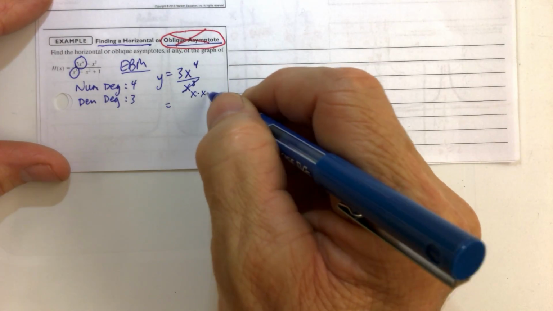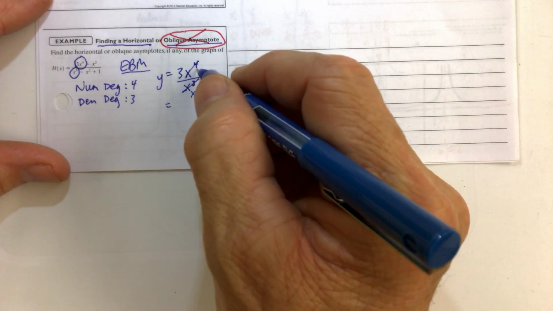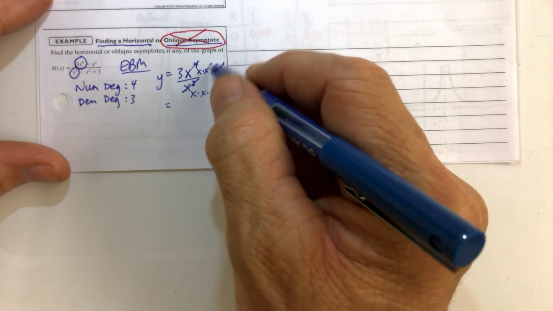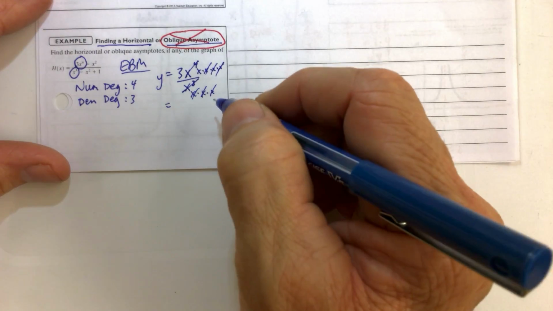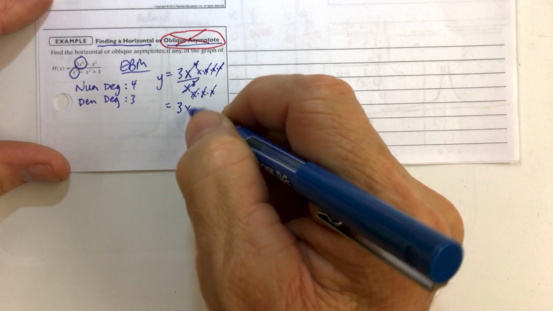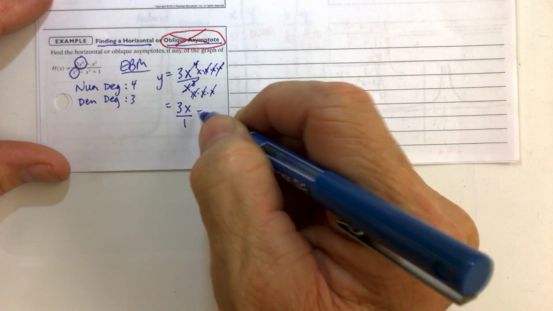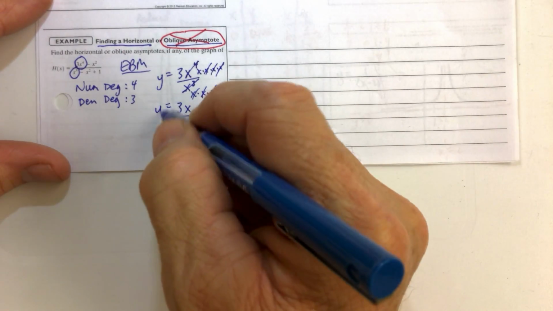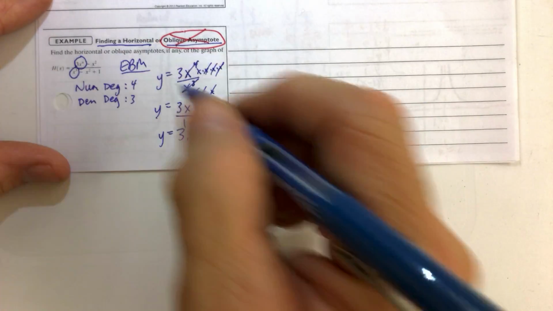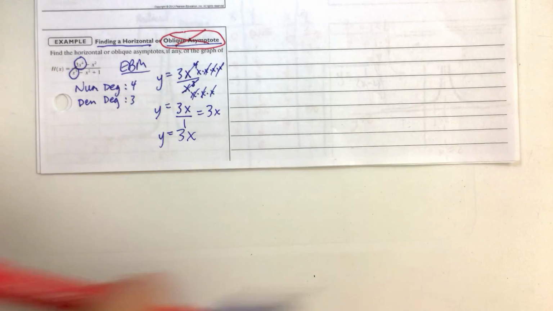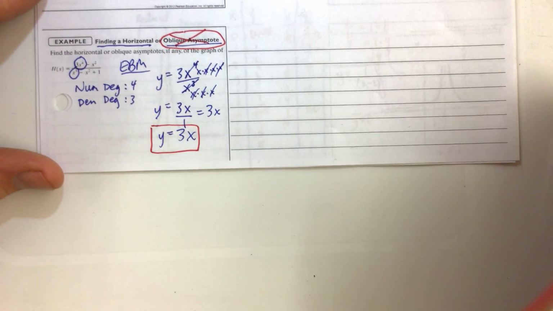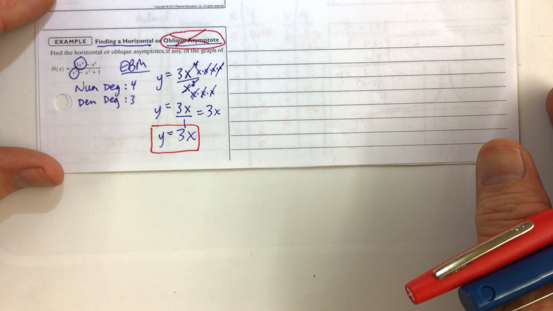If you think about this as x multiplied together 3 times, and up here you have x multiplied together 4 times, you can cancel 3 of the x's up on top and all 3 of the x's on the bottom, and all we're left with in the numerator is 3x, and we're not left with anything in the denominator. So basically, we can rewrite this fraction using an end behavior model, and we would say our end behavior model is y equals 3x.